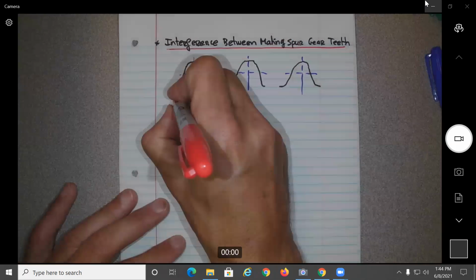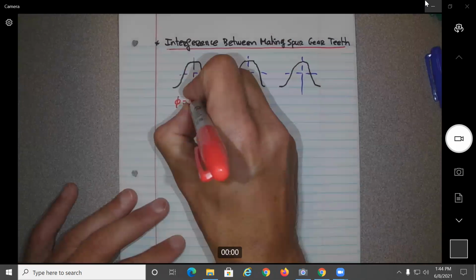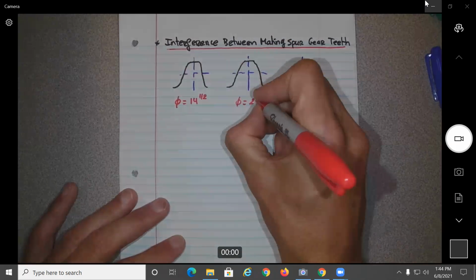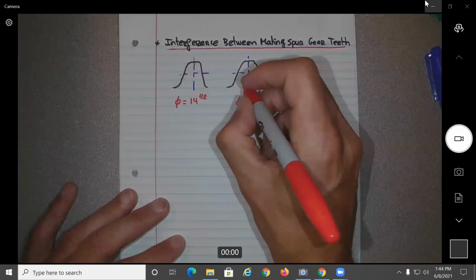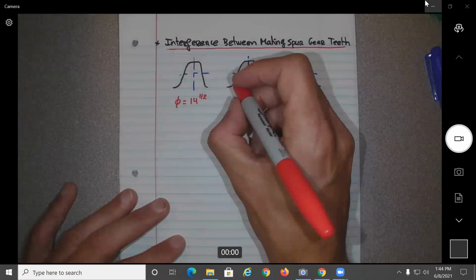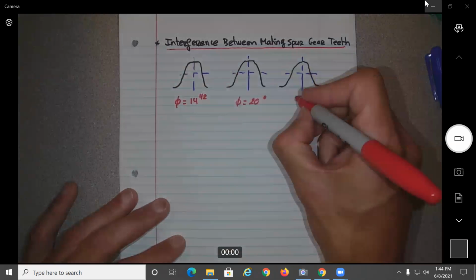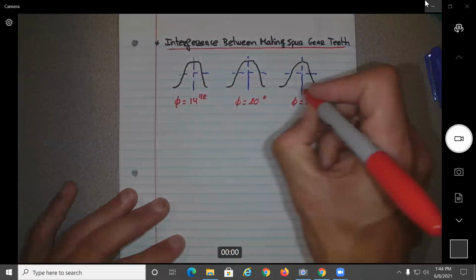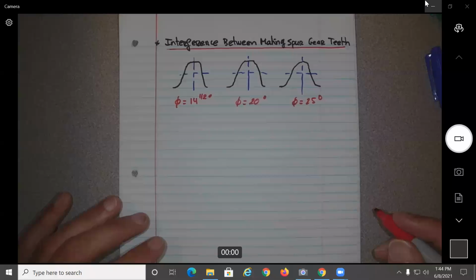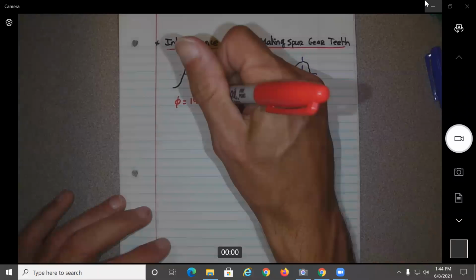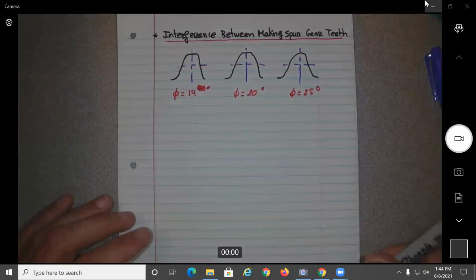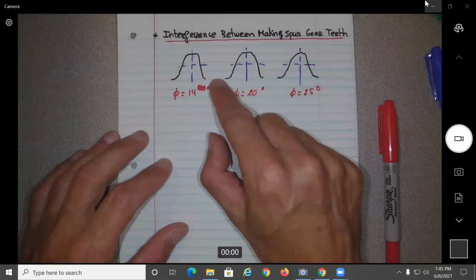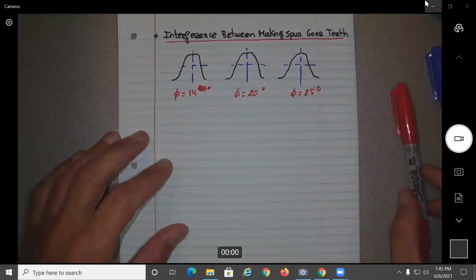So let's say this will be phi equal to 14.5. Phi equals 20 degrees. And this will be phi equal to 25 degrees. It doesn't matter really. So basically, this is what it means, the angle of the tooth over here, okay? That's why I try to do it a bit different, but it doesn't matter.